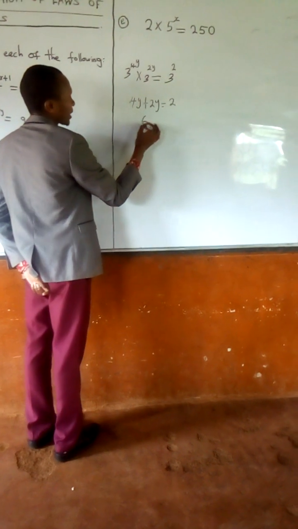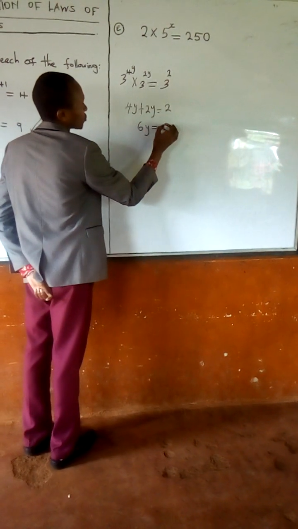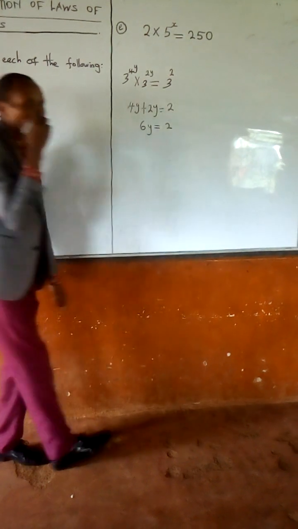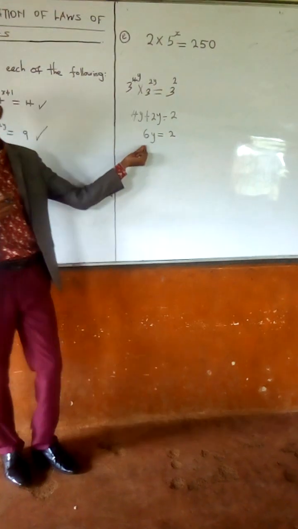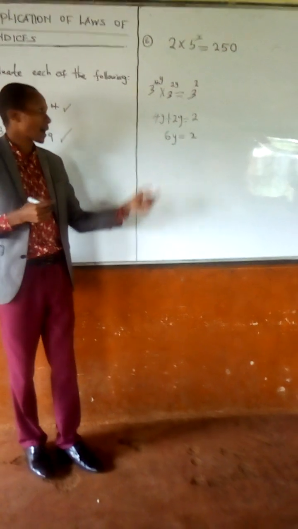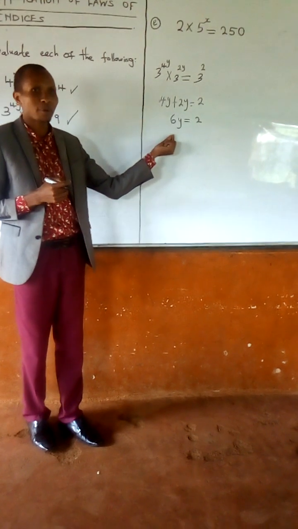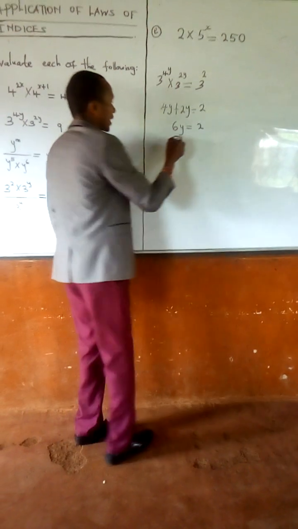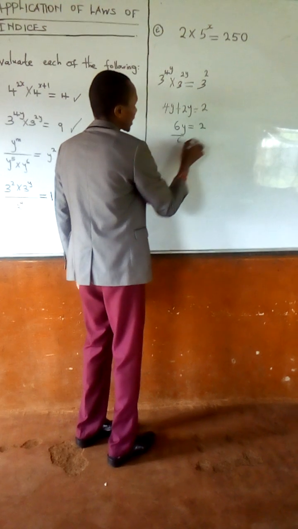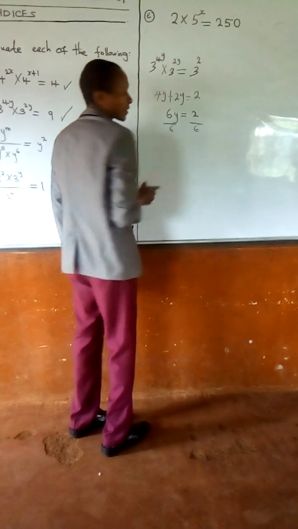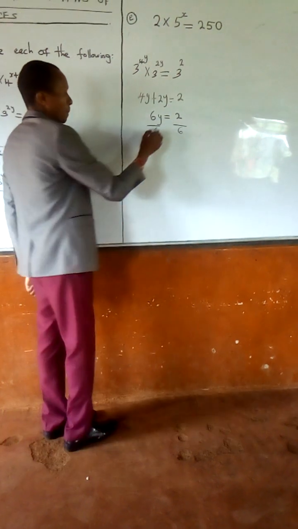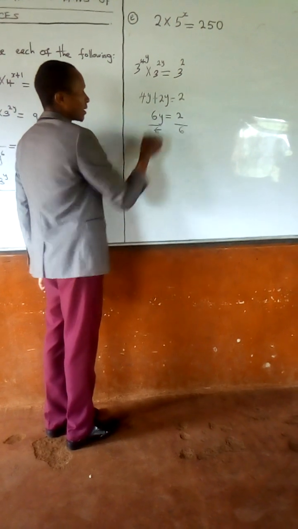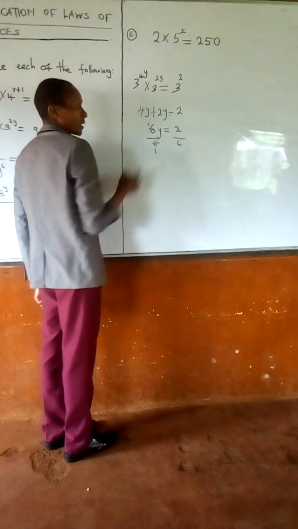So 6y is equal to 2. What do we do to get the value of y? Divide both sides by 6. So you say all over 6, all over 6. Let's simplify. By 6, 1. By 6, 1.